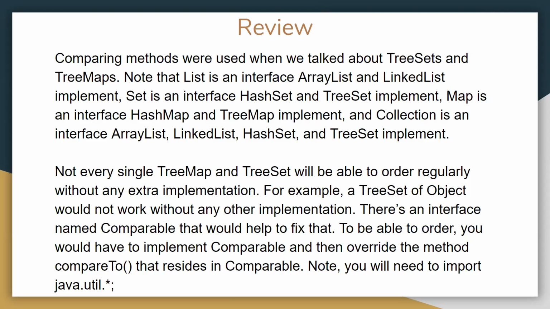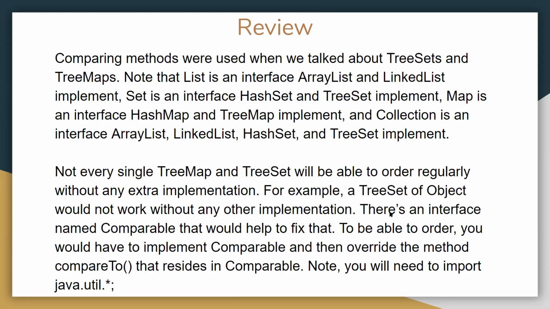Specifically, this is geared towards a tree set of objects, because if you create one yourself, it's kind of hard to do it, since you're creating it yourself and Java doesn't know how to order that. So if you were doing a tree set of some random object that you created, then you would have to add some extra implementation.